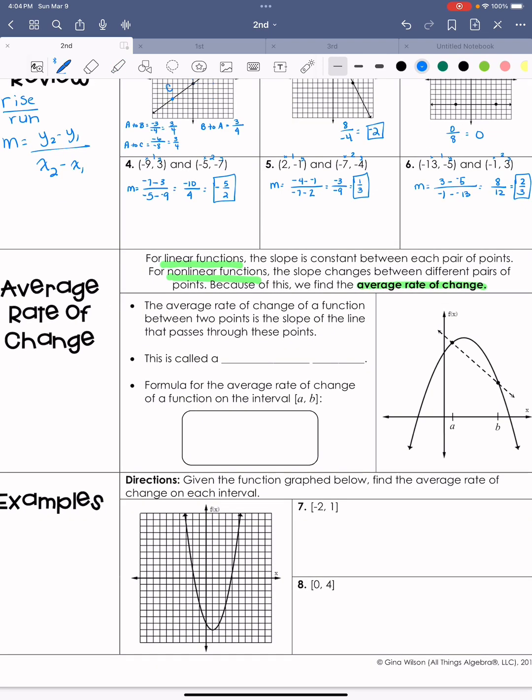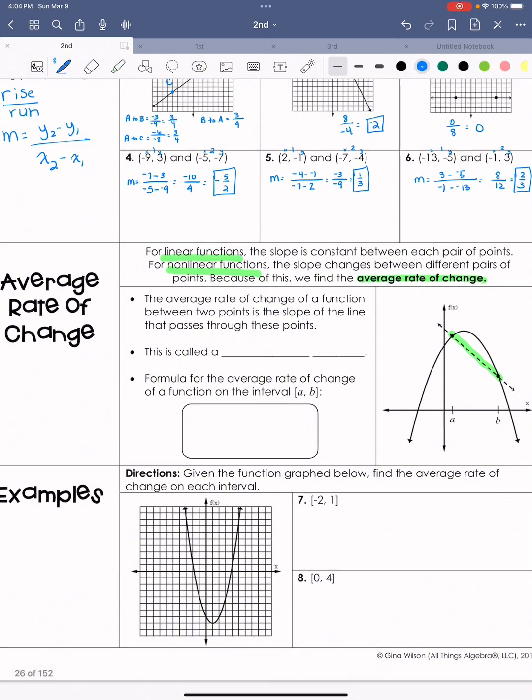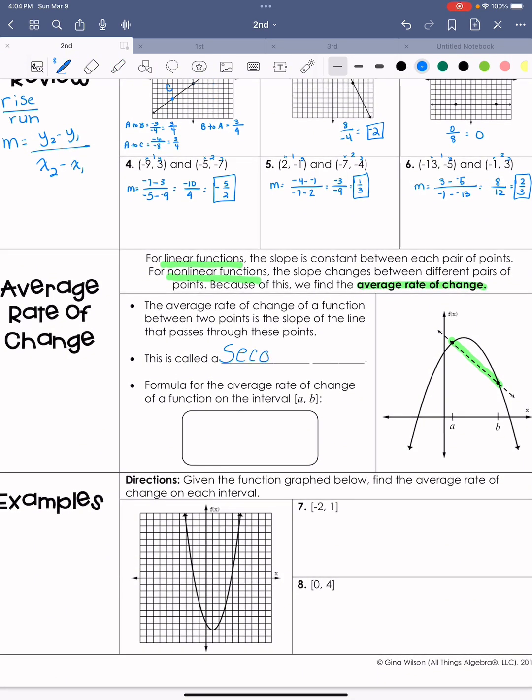The average rate of change of a function between 2 points is the slope of the line that passes through these 2 points. So what we're doing, here's a line that goes through 2 points. We're going to find that slope. The line is called a secant line. And we have a formula.